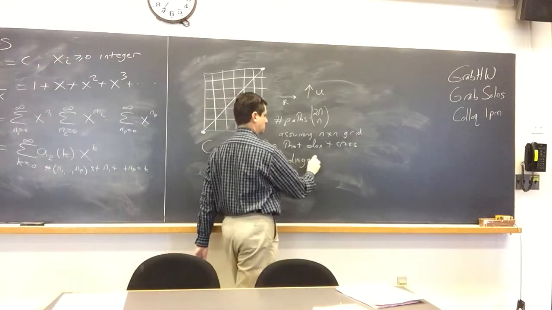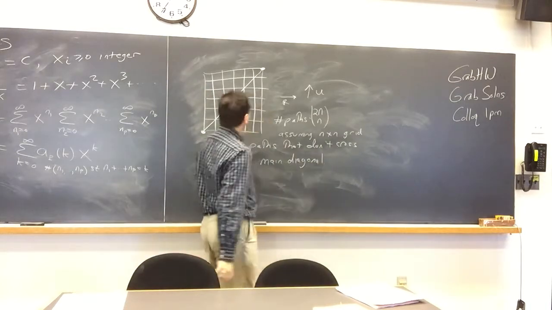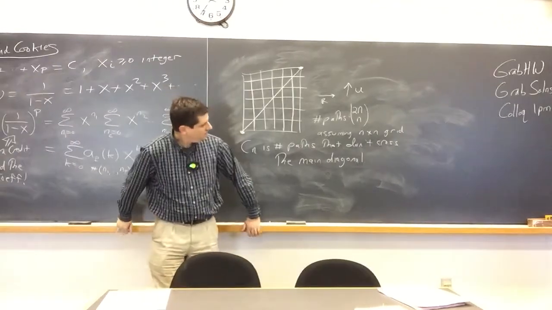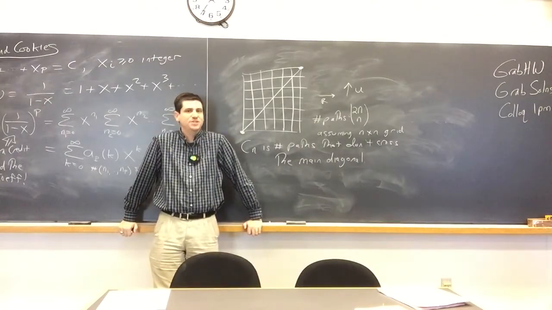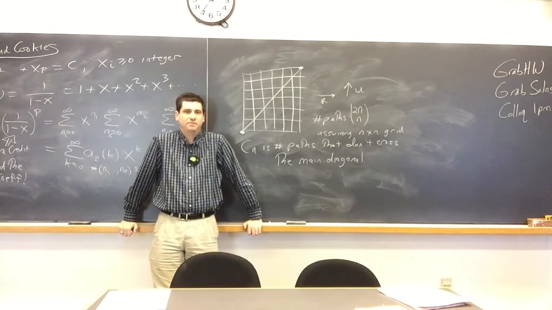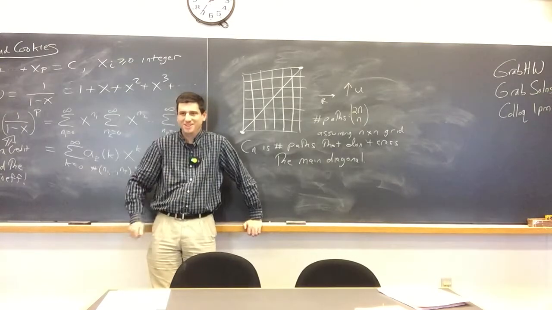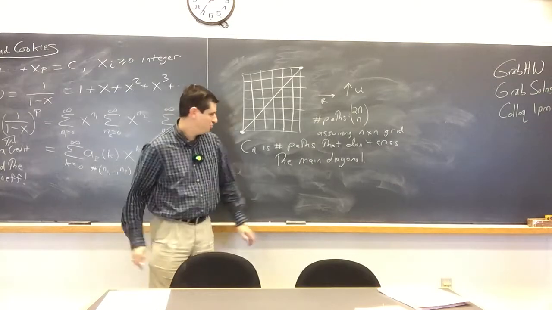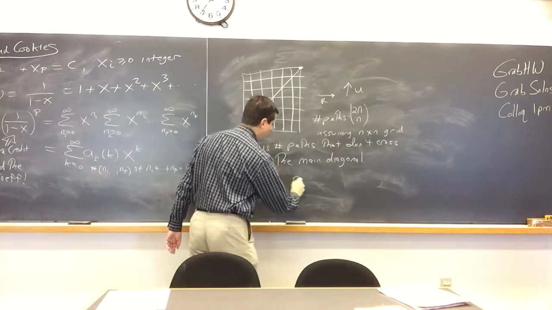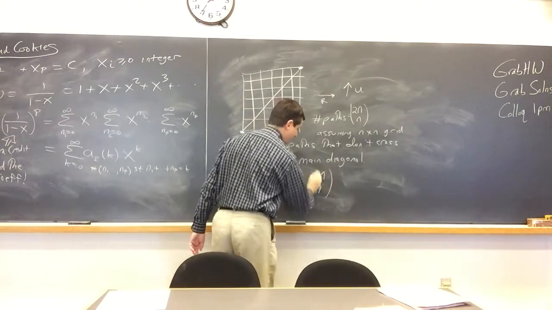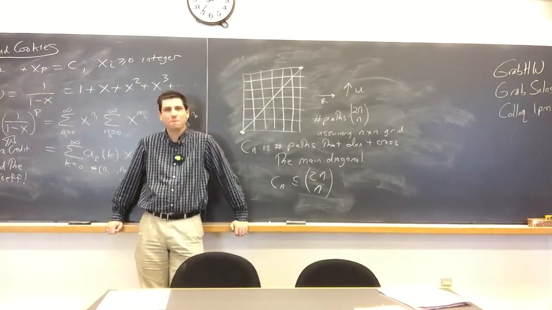My first question is, can you give me a bound for Cn? It can be a really bad bound. 2n choose n. Good. So clearly, it's less than 2n choose n. That's the number of total paths.